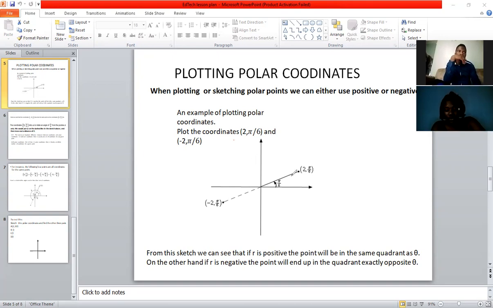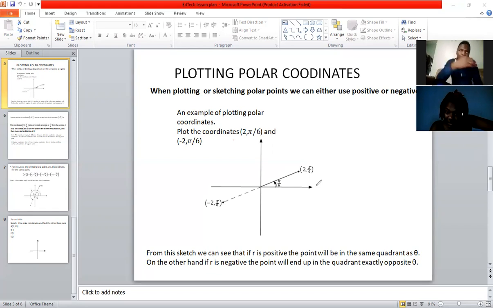Now you get your protractor, or your compasses, and then you measure from here. You're going to measure from where?